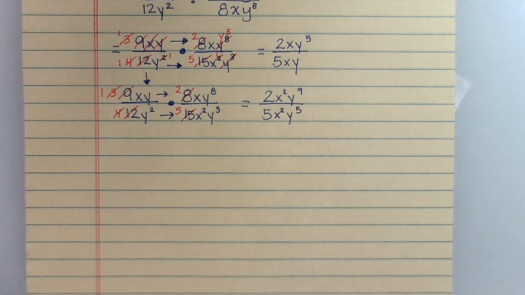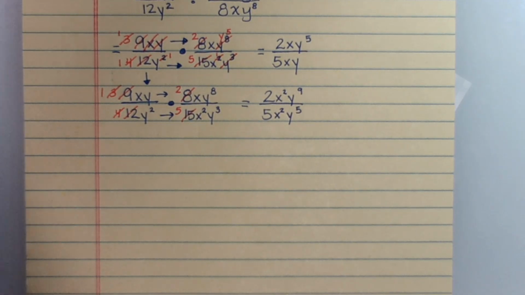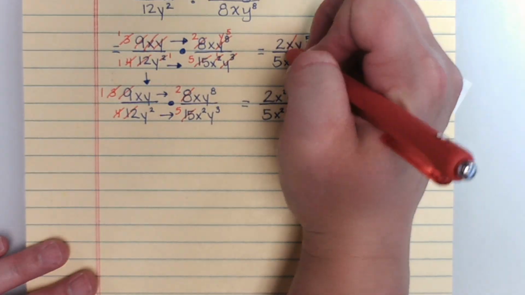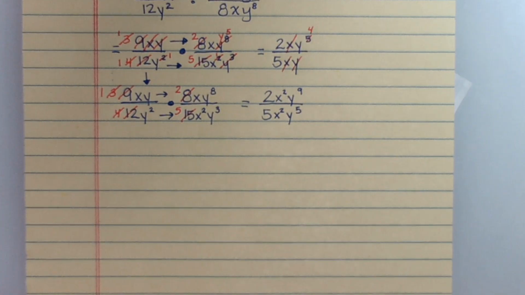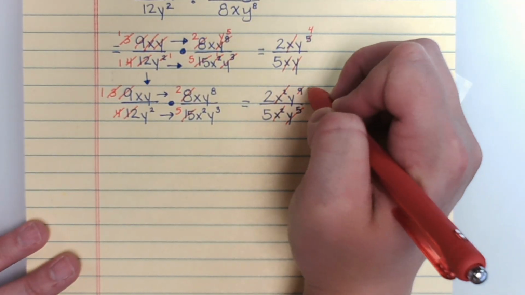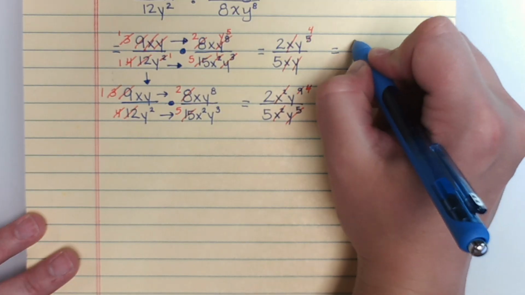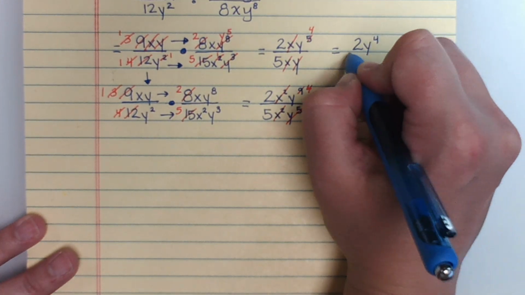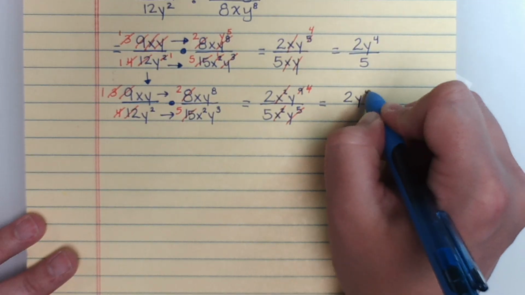Now, is that the final answer? No. Is this the final answer? No. We got to simplify them. On this top one, I could cross off the x's and 1 of the y's. On this one, I could cross off the x's and 5 of the y's. In the end, I get 2y to the 4th over 5 in both cases.